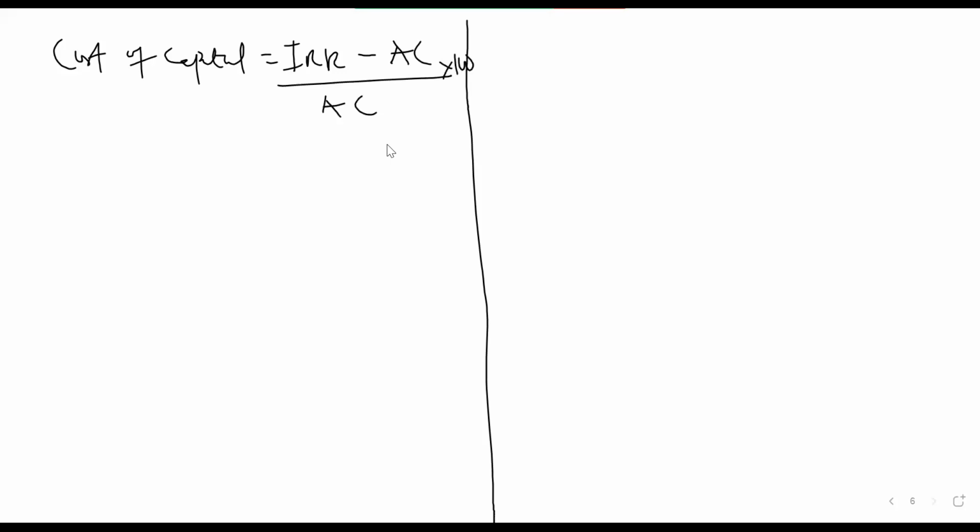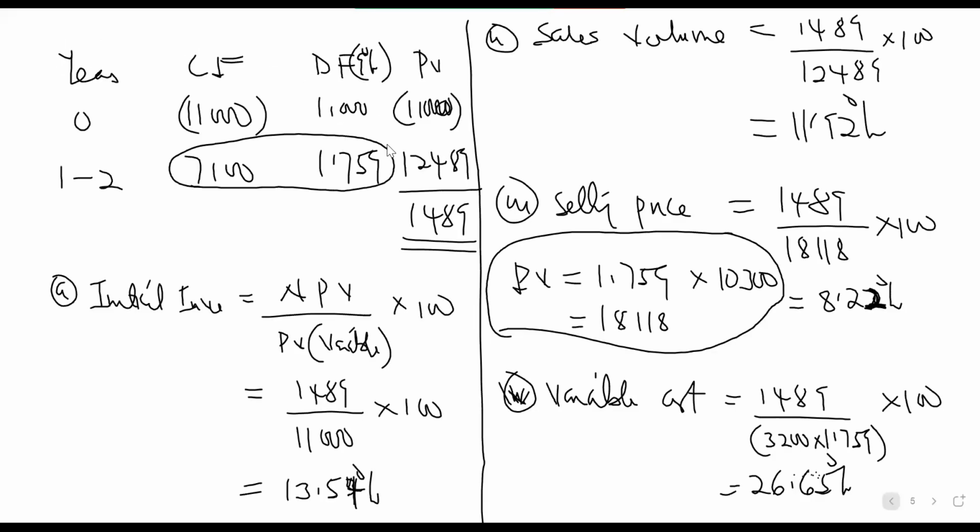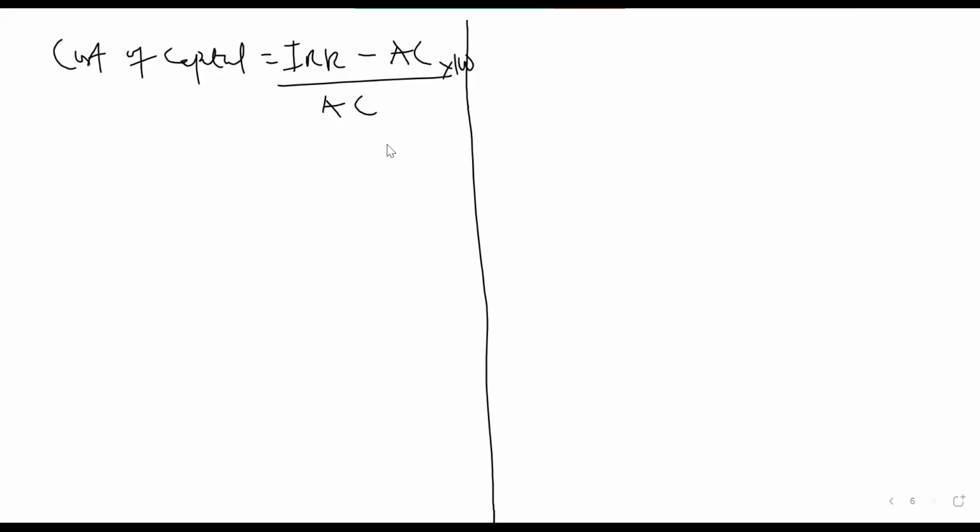So what we have to do is calculate the internal rate of return. You can see that we have 9% already, which is giving us 1489. So we increase this rate to, let's say, 12%, or maybe 13 or 15%, and get the negative NPV.